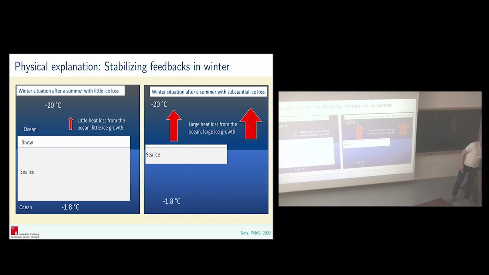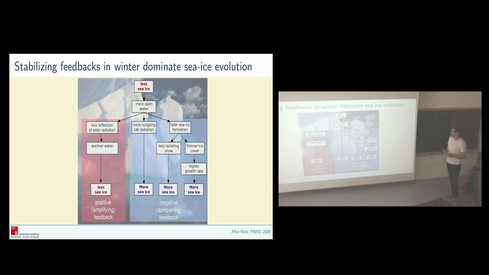And so if you want to make this a bit more schematic, if you look at some of the feedbacks that are relevant in Arctic sea ice, if we have less sea ice and we have more open water, we do have one dominating, big positive feedback. That's the ice albedo feedback, but that only works in summer. And in summer it is important, so if you have very little ice, say in June, you probably also will have very little ice in September because the ice albedo feedback works throughout summer.